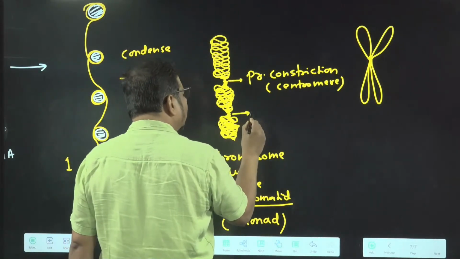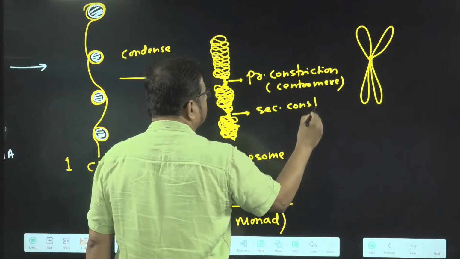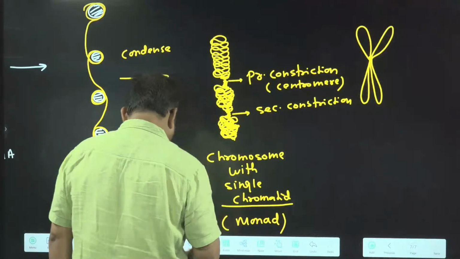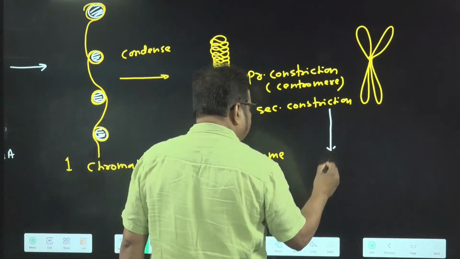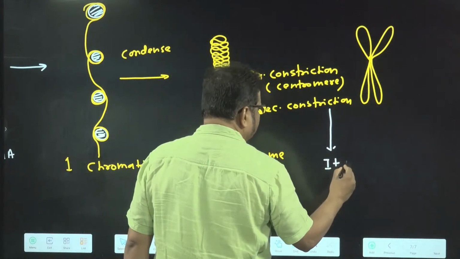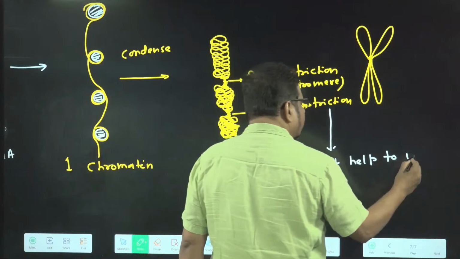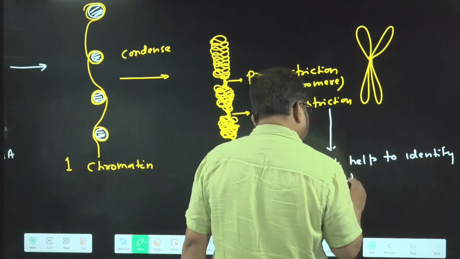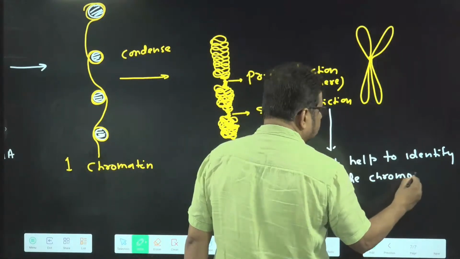This is another constriction, called secondary constriction. About secondary constriction, I am writing one thing: it helps to identify the chromosome. Why?